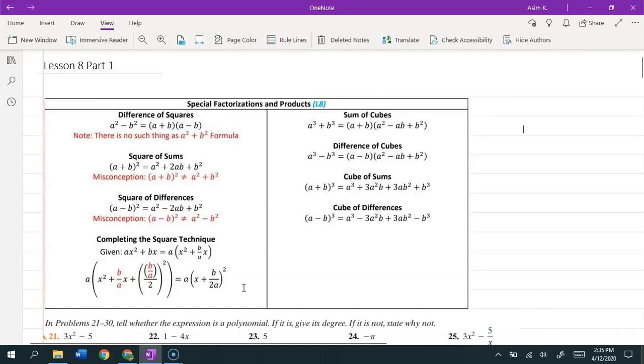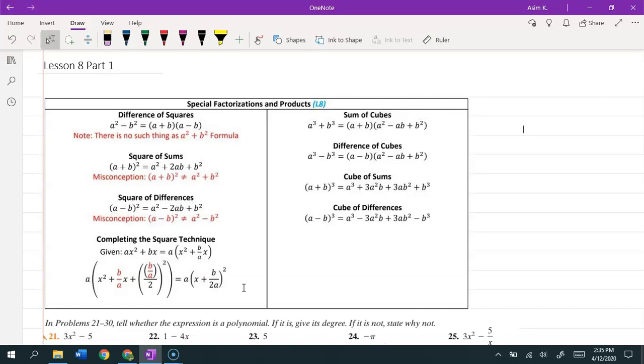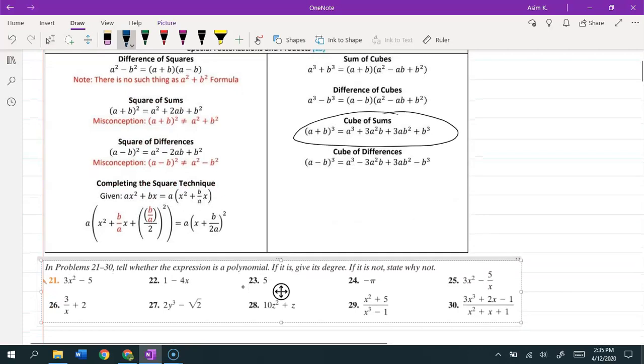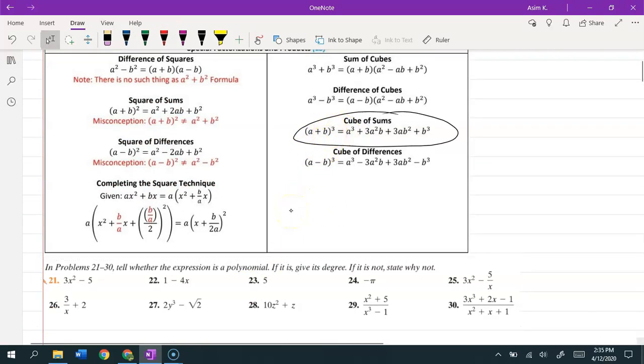Just to give you a quick example of what I mean by that, take a look at this formula that says the cube of sums formula, right? It says a plus b whole cubed. If you don't learn the techniques to do this using some quicker way, which I have for you today, this is actually what you would end up doing.